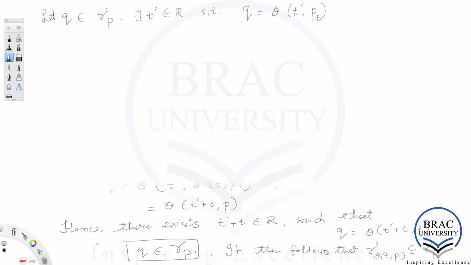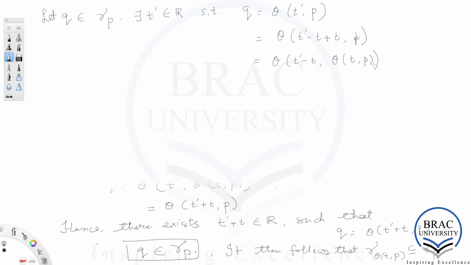Follows from the definition of an orbit, and we can rewrite this as theta(T' - T + T, P), right? Which means that this is nothing but theta(T' - T, theta(T, P)), using the property of a flow map of a dynamical system.